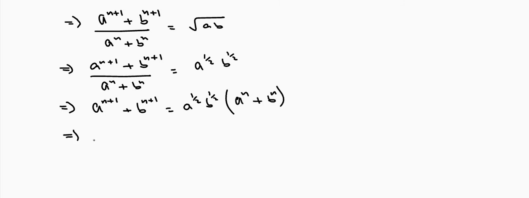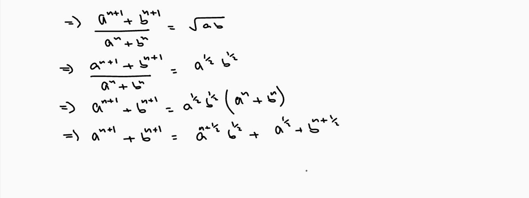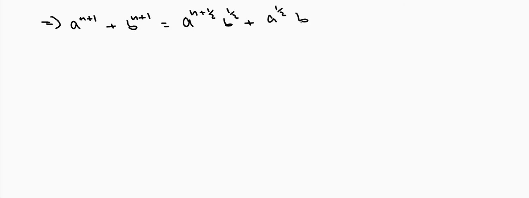That implies a raised to n plus 1 plus b raised to n plus 1 equals a raised to n plus half into b raised to 1 by 2 plus a raised to 1 by 2 into b raised to n plus 1 by 2.